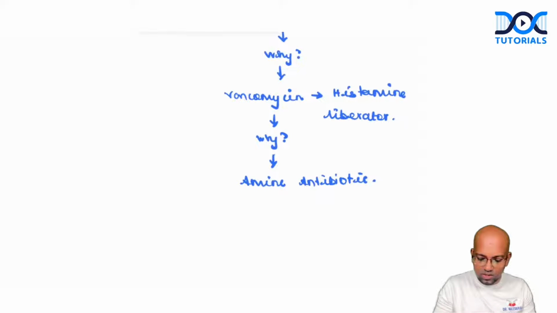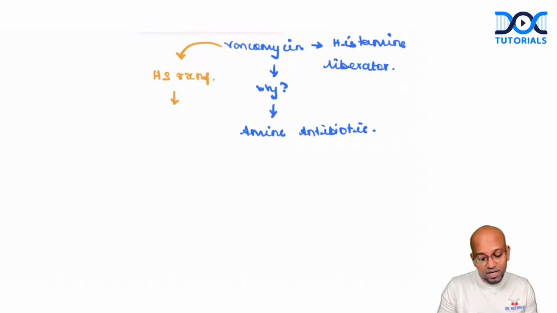Now comes the next important question. What exactly is happening? Why is it very important? Because it is releasing histamine, vancomycin might be associated with a hypersensitivity reaction. This hypersensitivity reaction was previously named red man syndrome.